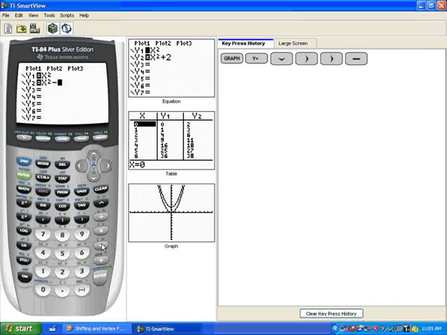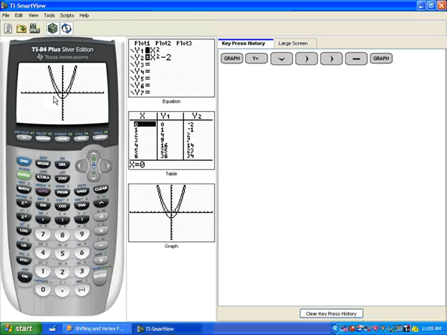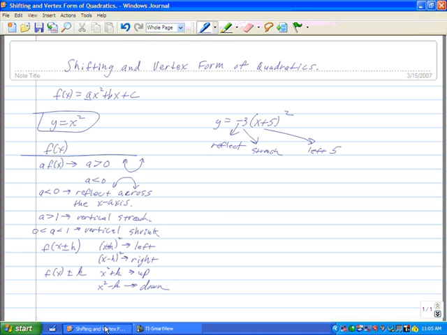Go over and change the plus to a minus, graph that, and instead of moving up, sure enough the graph moves down, as we can see here on the main display. So basically what this means is adding and subtracting inside is left and right movement. Adding and subtracting outside of a function is up and down movement.